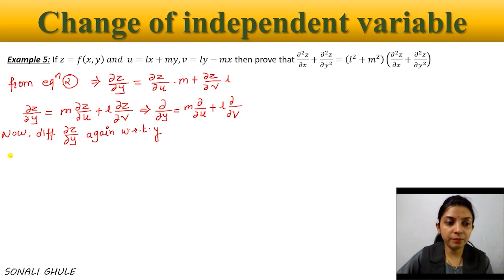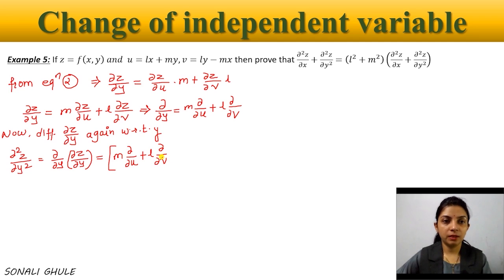So that will give me double derivative of z with respect to y, that I can write dou by dou y of dou z by dou y. Okay, that is equal to m into dou by dou u plus L into dou by dou v. And what is the value for dou z by dou y?